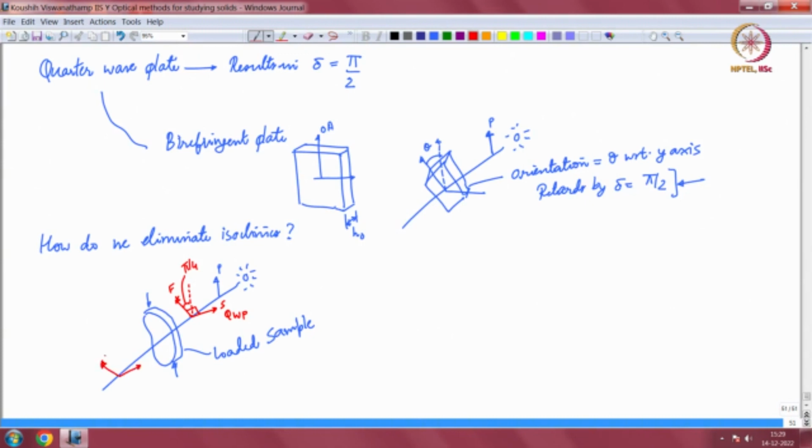So now you have your slow axis here and the fast axis here. So if the optical axis of the quarter wave plate is denoted f, then the second quarter wave plate is kept perpendicular, the optical axis of the second quarter wave plate is kept perpendicular to the first one. Okay. And then you put your analyzer as usual at the end, right, then you are observing from here.